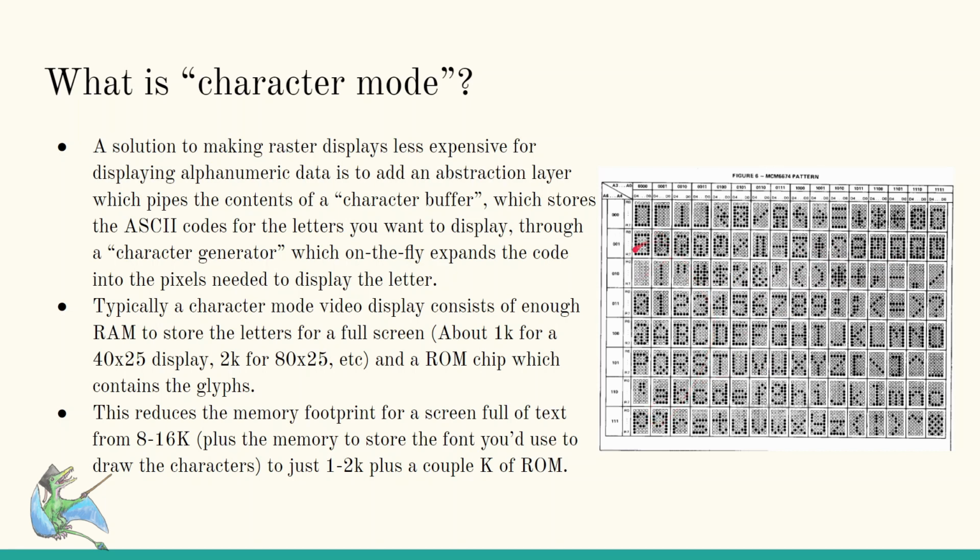In this case, this is 128 characters here. You usually have 256 characters in a byte, so that would be like 2K of ROM plus 1K of RAM, which gives you a complete display instead of requiring that 8K of RAM.